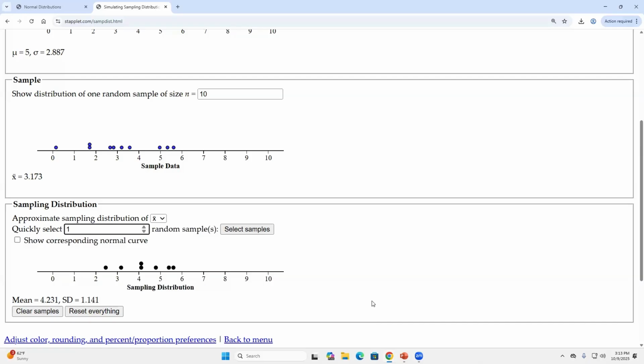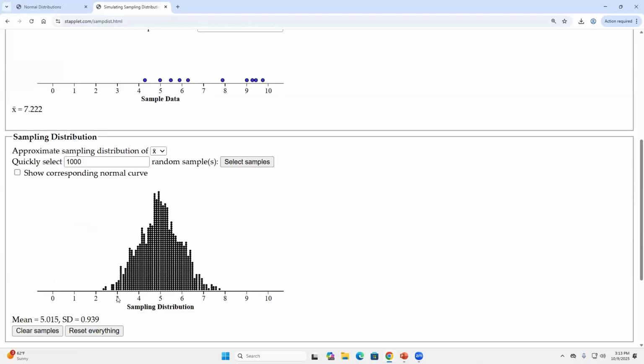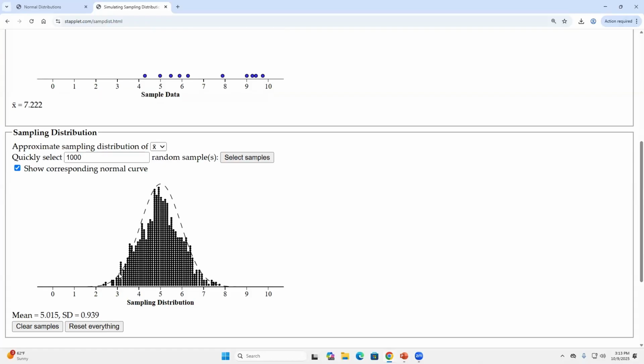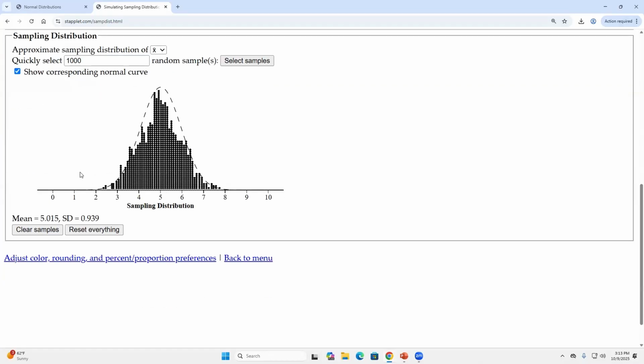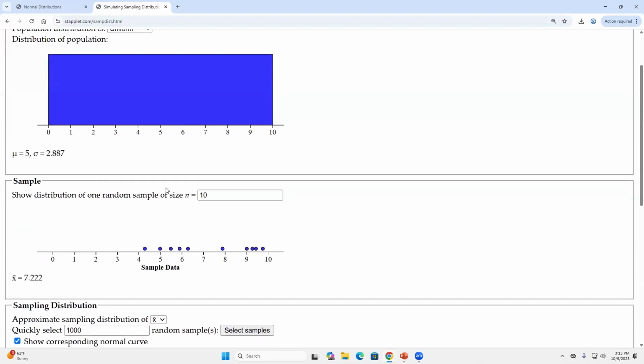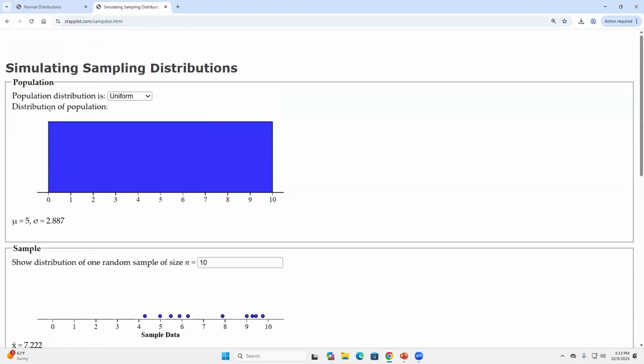And if we fast forward to 1,000 samples and we select those samples, that shows the corresponding normal curve, we are getting a sampling distribution that is looking very much like a normal curve. And this sampling distribution came from this assuredly not normally distributed population.